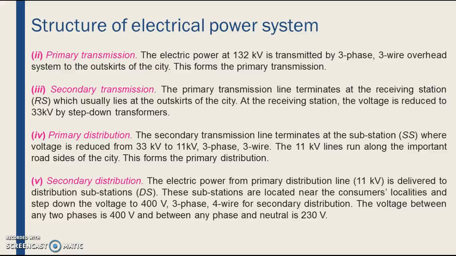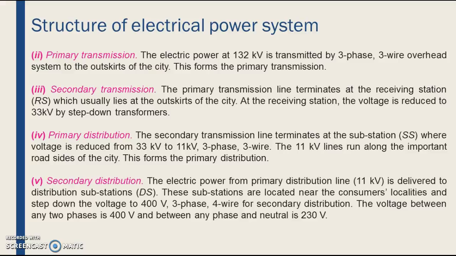Secondary distribution. The electric power from the primary distribution line at 11 kV is delivered to distribution substations. These substations are located near the consumers' localities and step down the voltage to 400 volt, 3-phase, 4-wire for secondary distribution.